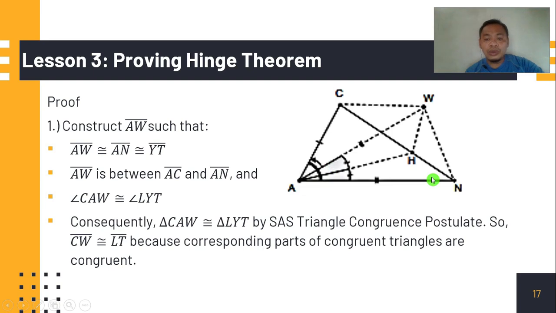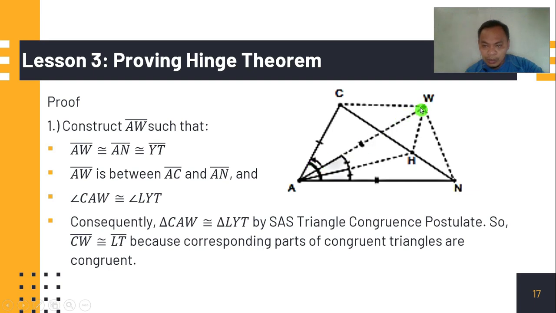And also congruent to YT. So this side, AW and AN, are congruent and also congruent to YT. And then AW is between AC and AN. And angle CAW, this angle here, is congruent to angle LYT.